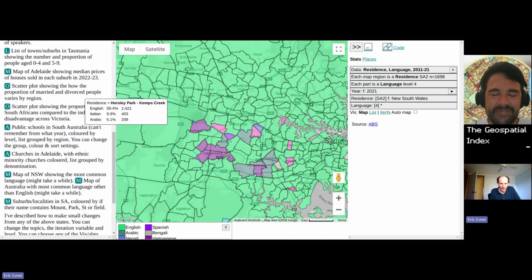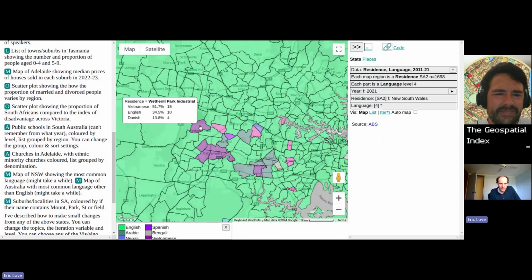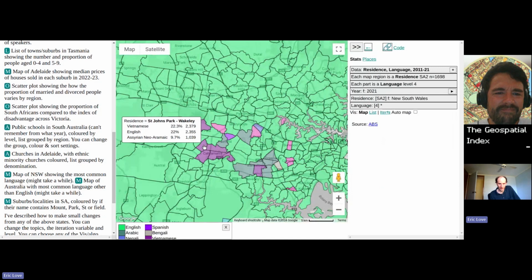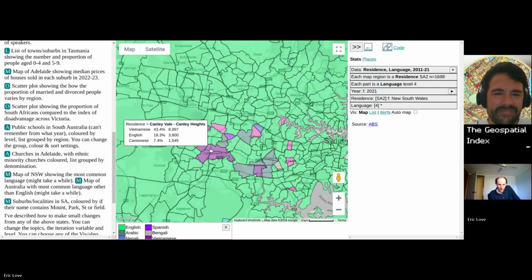So in this place, for instance, it's just over. Oh, that's a trivial small area, but here's a place where Vietnamese just edges out English, and this place 54% Vietnamese in Cabramatta Lansdale.